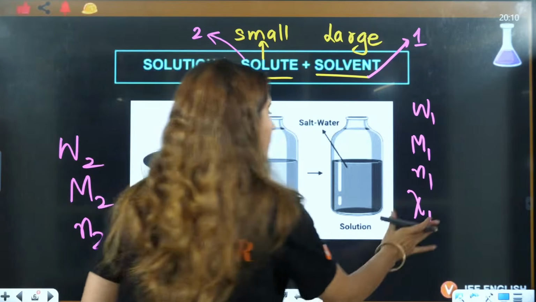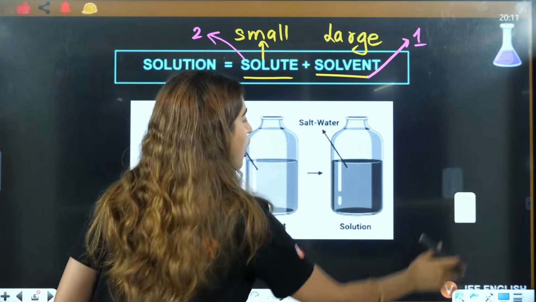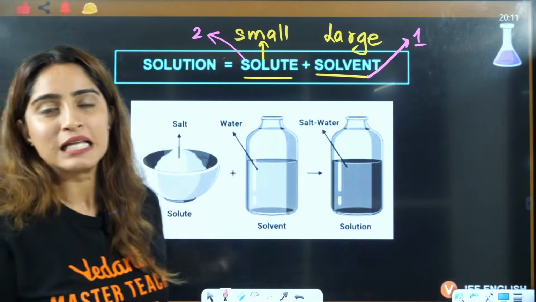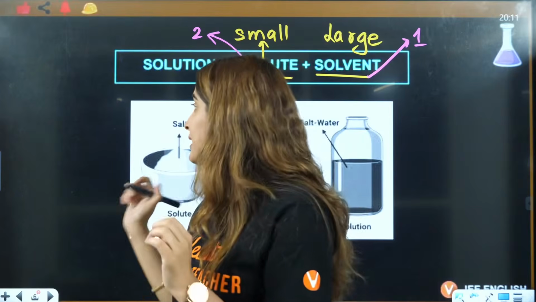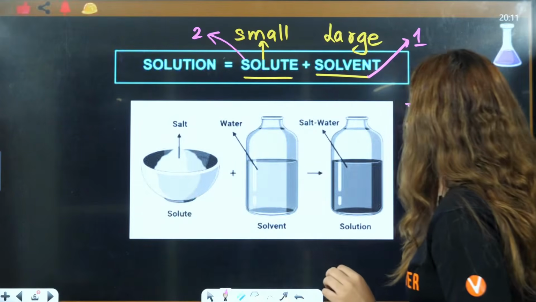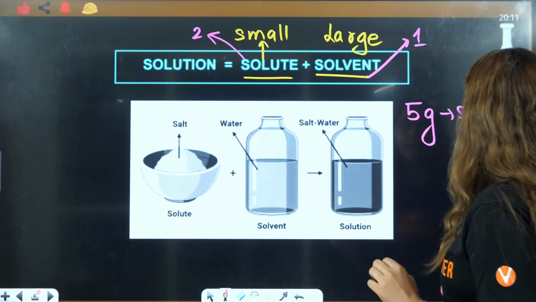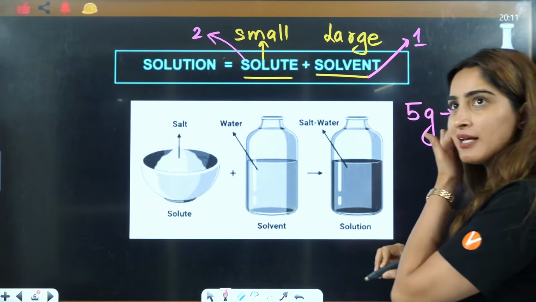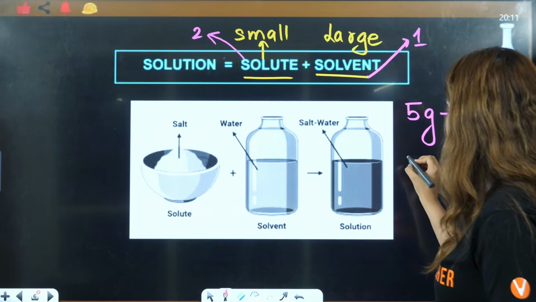Now, how many of you love sugar, right? Now, if you have water, you add sugar into it. Say you have 5 gram of sugar, and let's take water in grams only so that the conversion is easily possible.